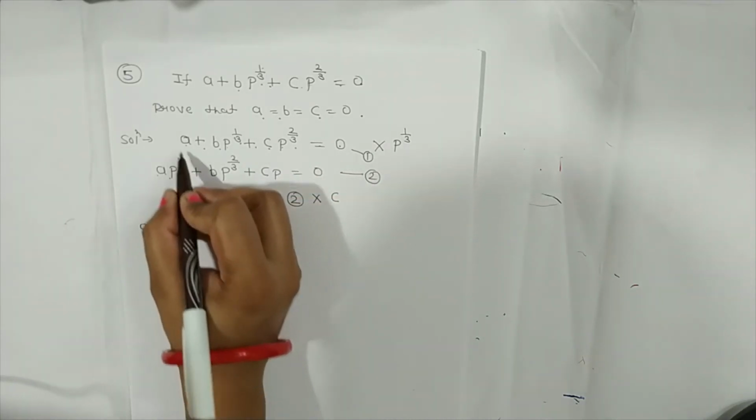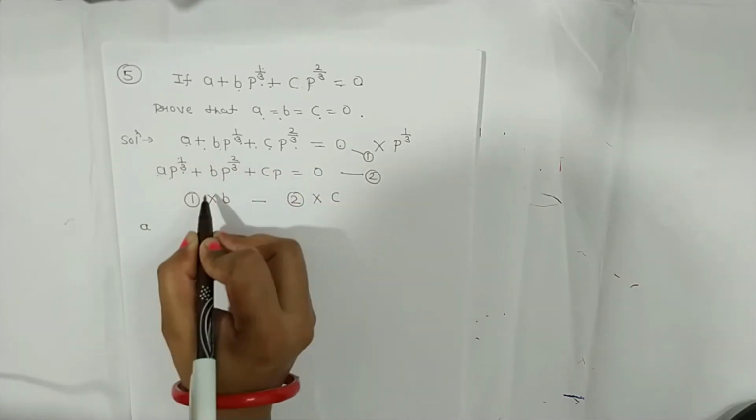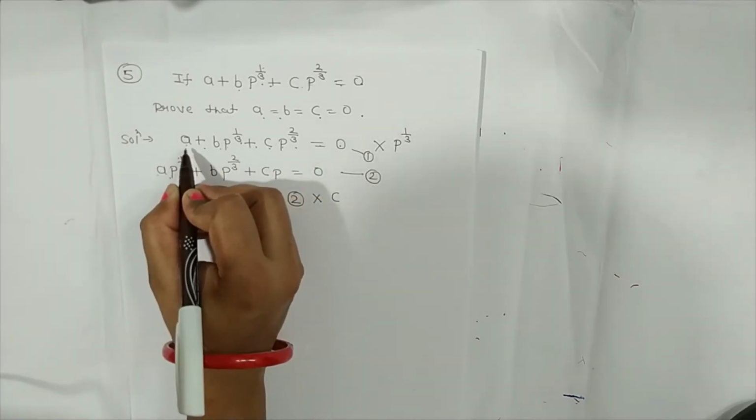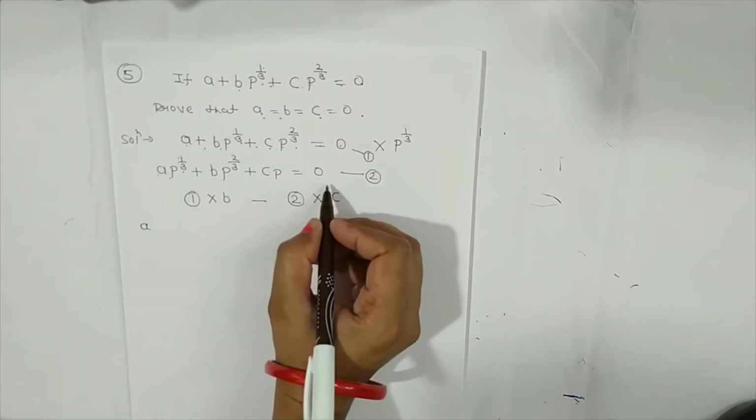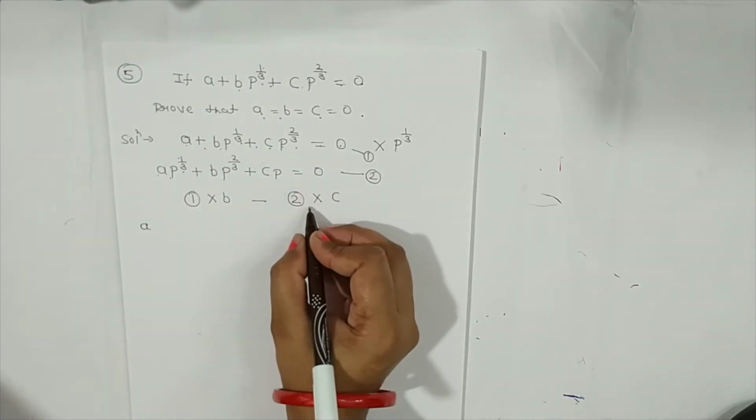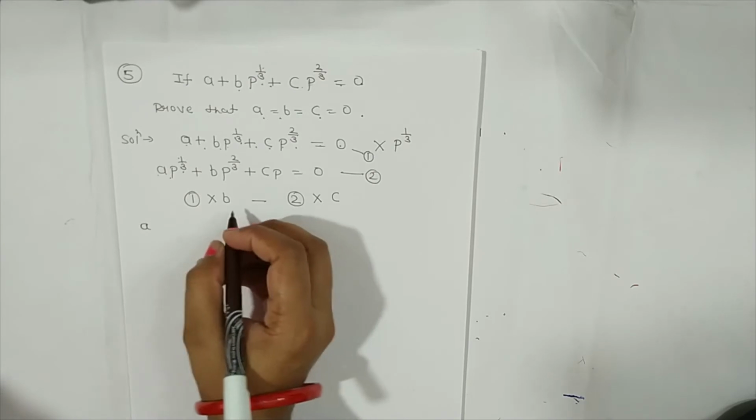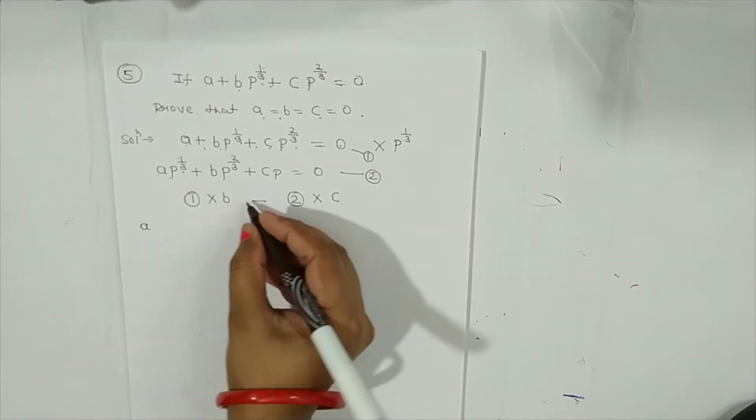In the first equation we have to multiply by b, and in the second equation we have to multiply by c. After that we are subtracting.